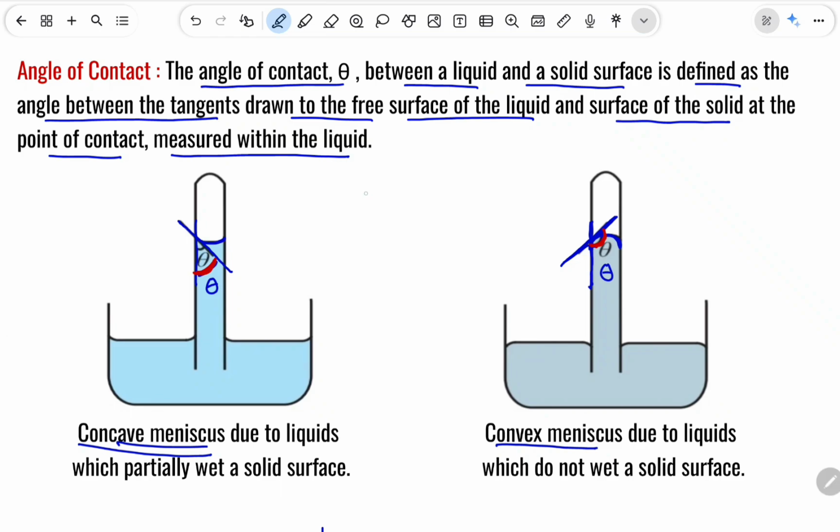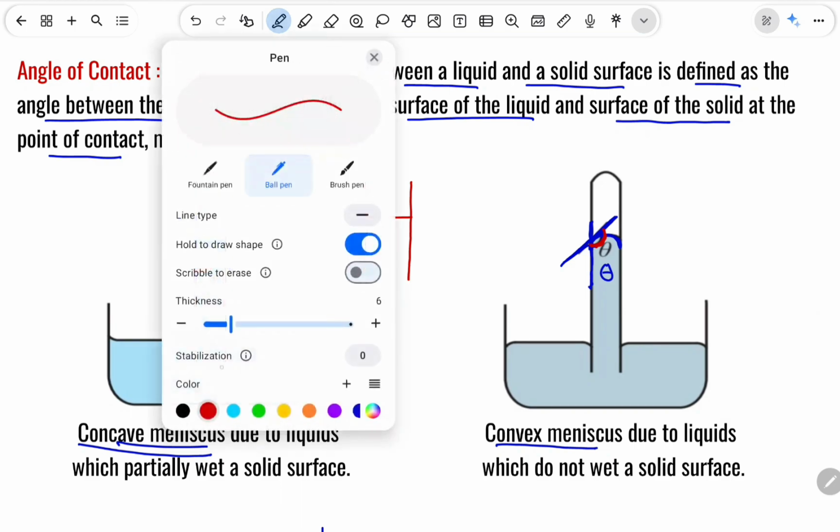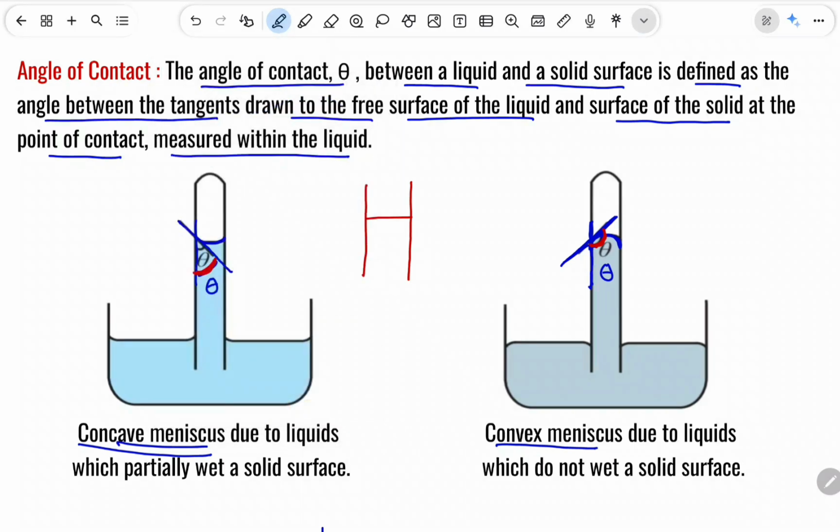Now let's study another case where the liquid surface at the top is flat. So this is the flat liquid surface. Now let's see what is the angle of contact for such a liquid surface. First we draw the tangent to the liquid surface, then we draw the tangent to the solid surface, and then we measure the angle within the liquid.